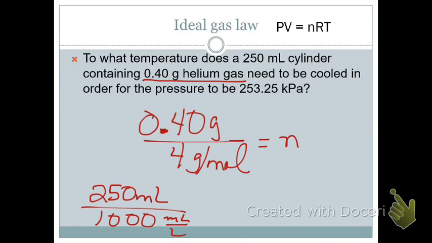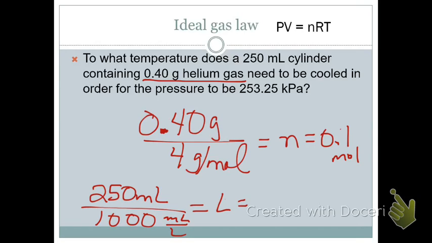So look at your calculator. We got 2 things we got to do to find our volume and to find our moles. So for our moles, we're going to take 0.40 and divide that by 4, and that is going to give us 0.1 moles.